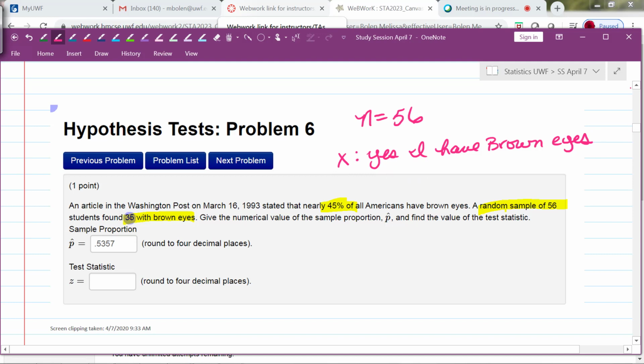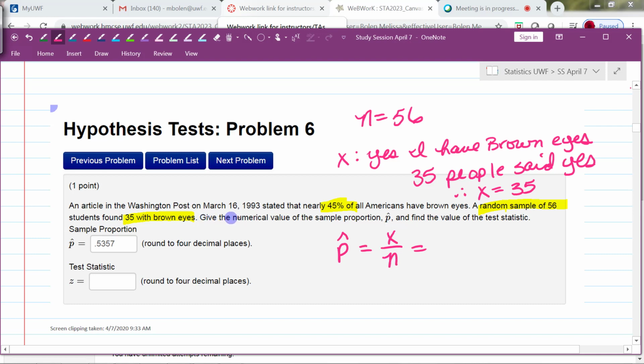So we had 35 people, 35 people said yes. Therefore, remember the three dots means therefore, X is equal to 35. And P hat is equal to X divided by N. So it's the number of people that qualified divided by the total number of people in the survey, okay?